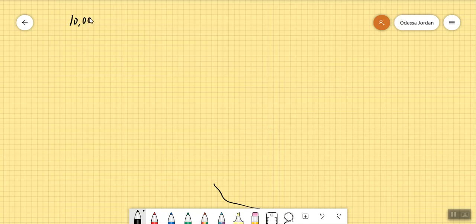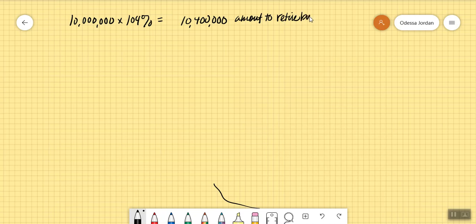So the stated value of the bond times 104%, and that gives us 10,400,000. So this is the amount to retire bonds. Okie dokie.